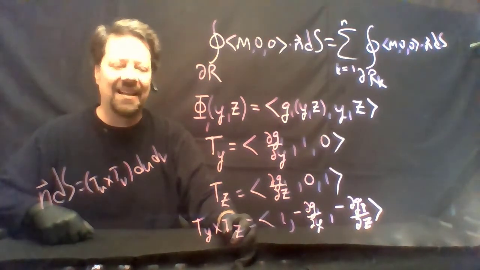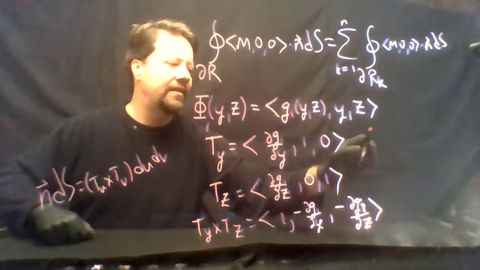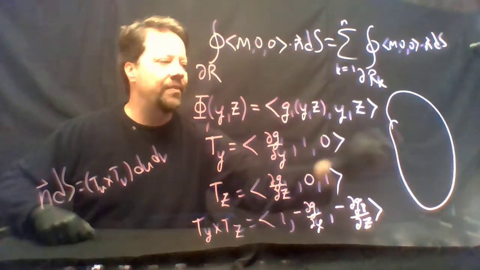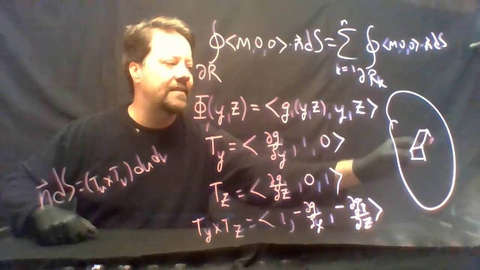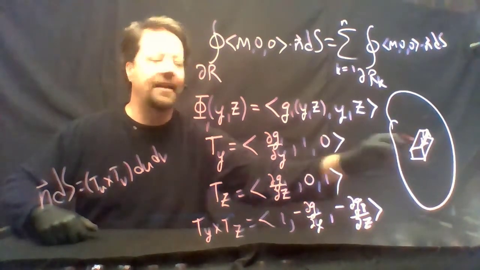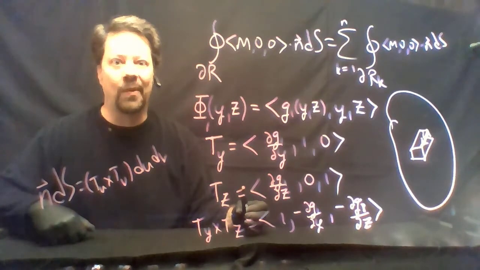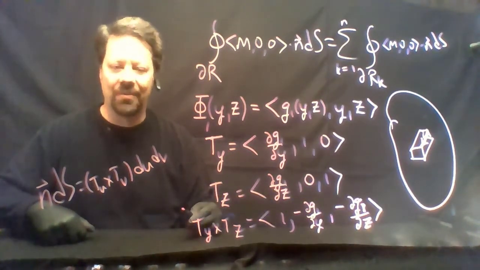That's exactly the wrong direction because that will point into our region. If our big peanut-shaped region is like this and our little sliced piece is cut out like this, if the normal on the backside has a positive i component, it's pointing in the wrong direction. We'll have to negate this to put this in the correct order.